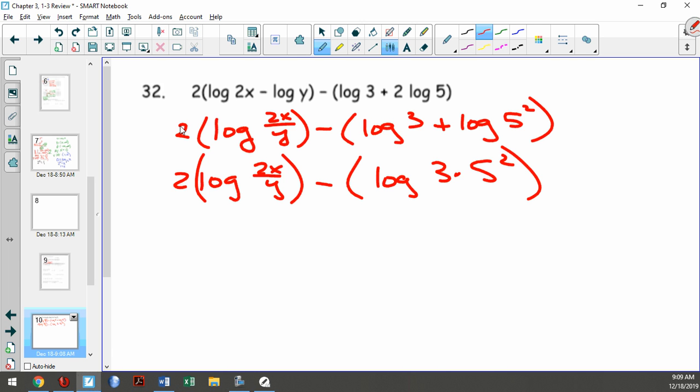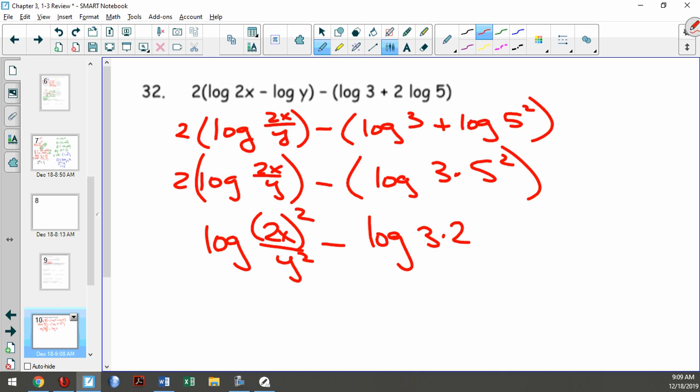Okay, well, what else? The 2 on the outside. The 2 on the outside is what? It would be an exponent on 2x over y, which is the square root. So you're going to take 2x and square it, and you're going to take the y and square it, minus log base 3 times 25. Why is that 25? Because 5 squared is 25, correct?